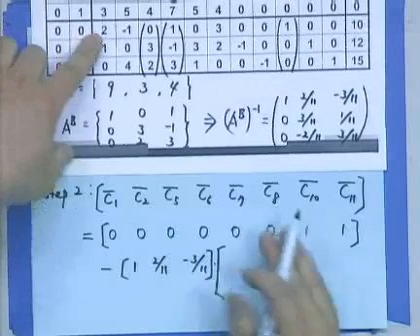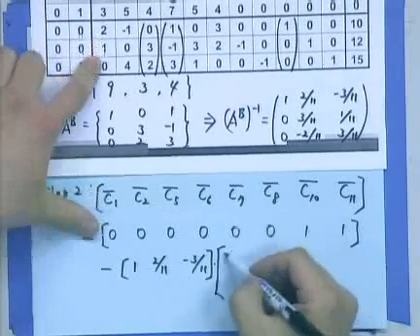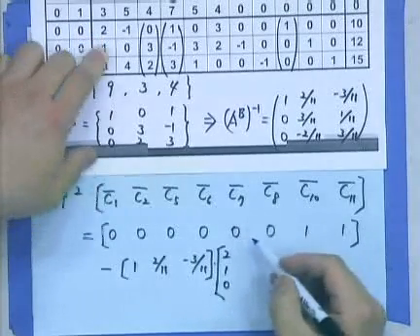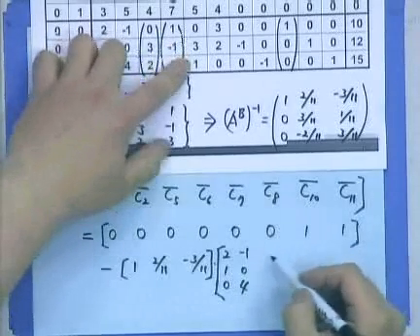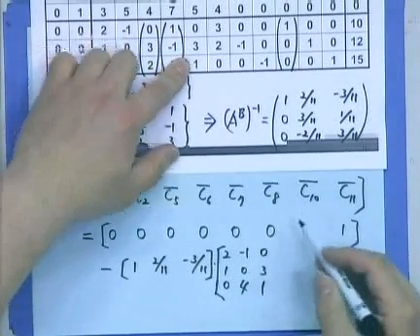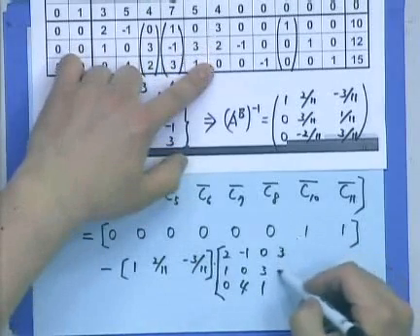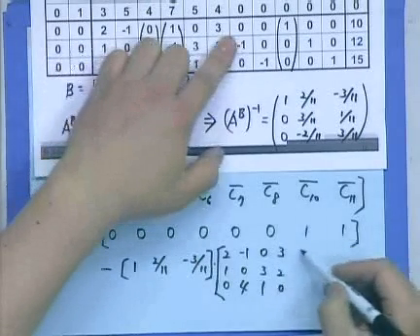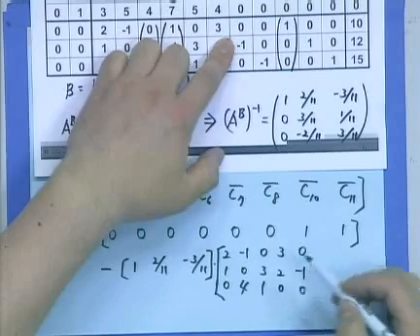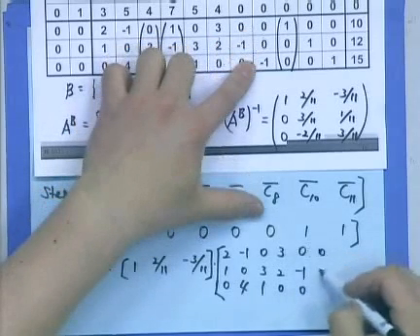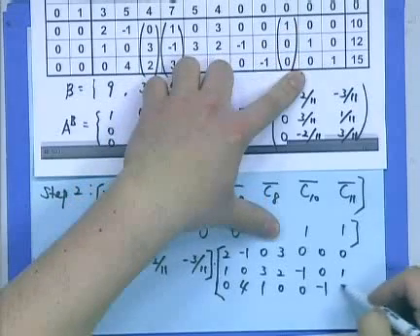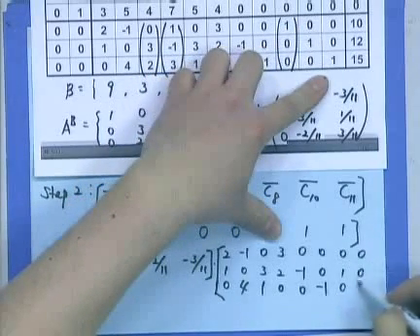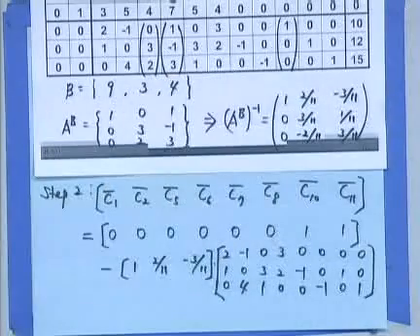So they must be 2, 1, 0, negative 1, 0, 4, 0, 3, 1, 3, 2, 0, 0, negative 1, 0, 0, 0, negative 1, 0, 1, 0, and 0, 0, 1, right?